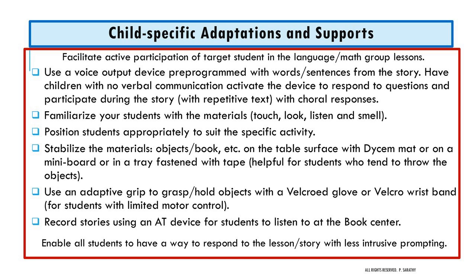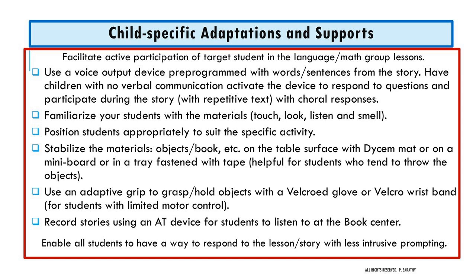I will show you some examples, and then you can put Velcro on that, and then the student can see the picture or the object, visually gaze at the object. And of course, as I already said, make sure that we have an AT device, and when you have a story you are displaying at your learning center, make sure you have an AT device programmed with that story.